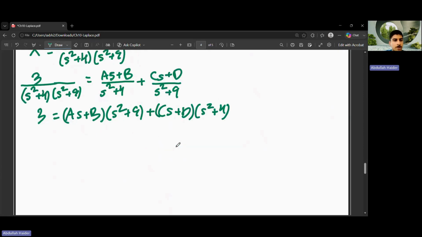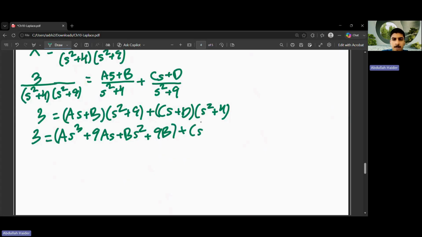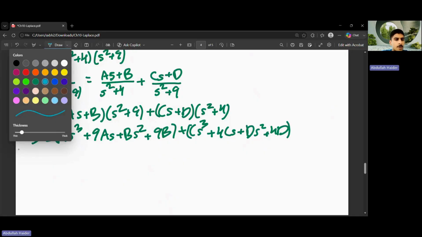Now you can expand. 3 equals as cubed plus 9as plus bs squared plus 9b, plus cs cubed plus 4cs plus ds squared plus 4d.